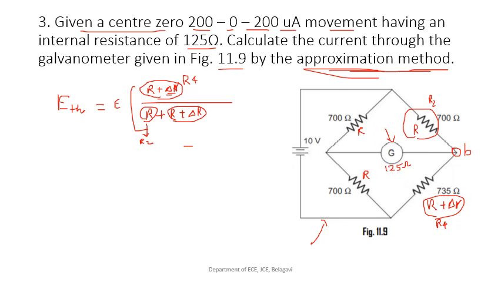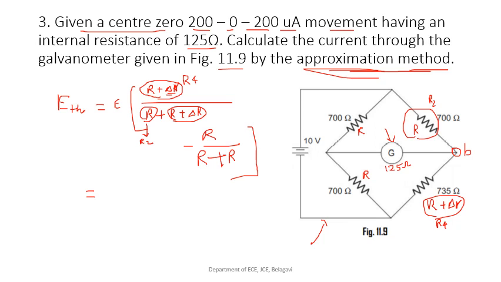The normal value of R is 700 ohms, but R4 is 735, so you can write it like 700 plus 35. Then minus this value, which will be R divided by R plus R. Bracket complete. If you just substitute, this R by R plus R will become 1 by 2.